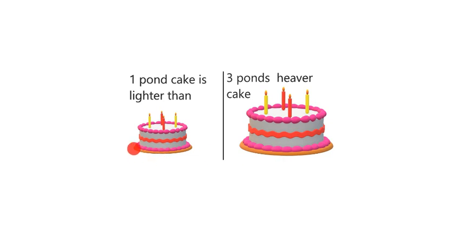The smaller cake will have the lighter weight, but the other cake, which is bigger, has more weight. So we will say that this cake is lighter and this cake is heavier. The 1 pound cake is lighter than the 3 pound cake, and the 3 pound cake is heavier.